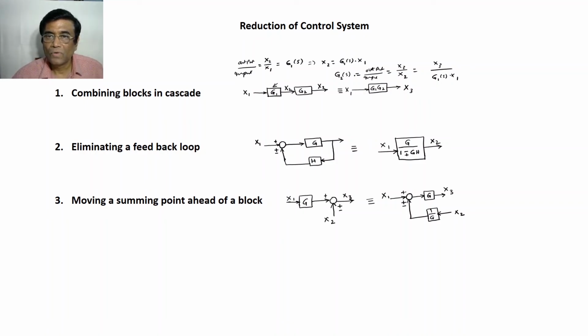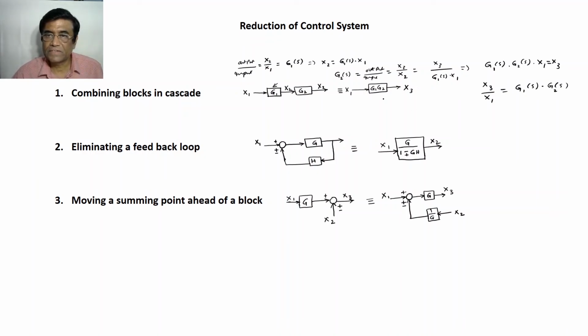So G1(s) into G2(s) times X1 equals X3. So again, the final output by initial input equals G1(s) times G2(s). So this is called cascading.